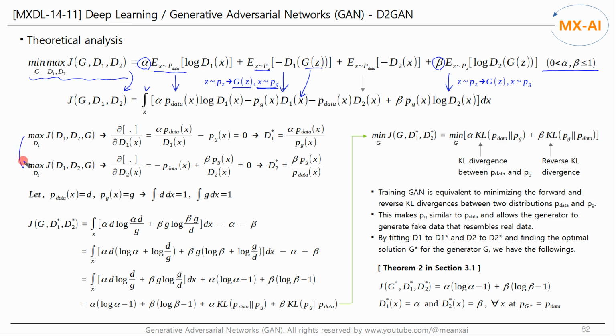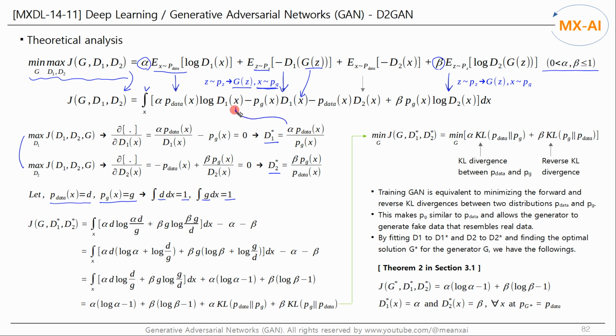Then the optimal discriminators D1 and D2 are as follows. To simplify notation, let D be P data and G be PG. Since D and G are both probability density functions of X, their integrals are each 1.